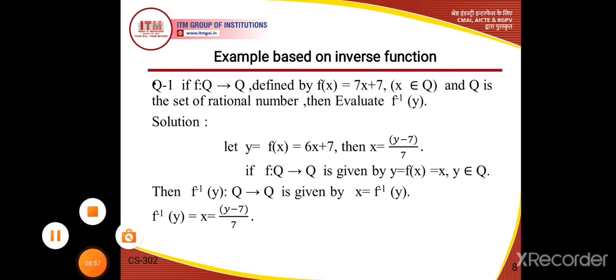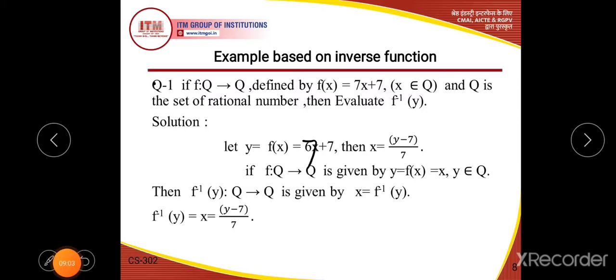If f from Q to Q is given, y = f(x), where x and y belong to capital Q. Here both the elements x and y belong to the set of numbers. Then f inverse(y) from Q to Q is given by x = f inverse(y).